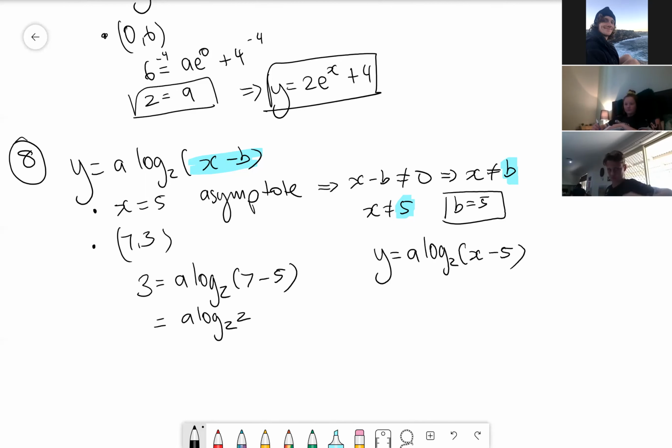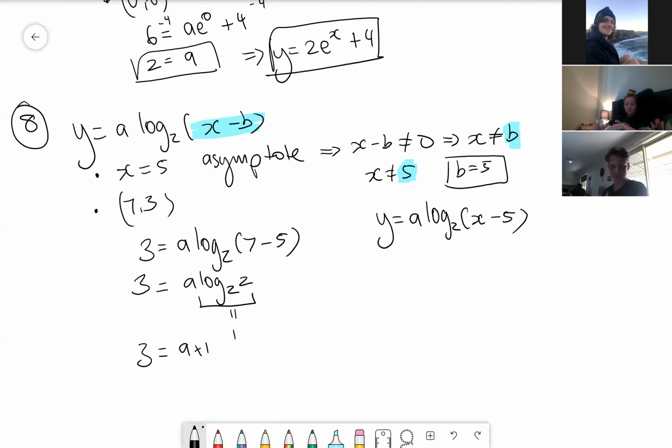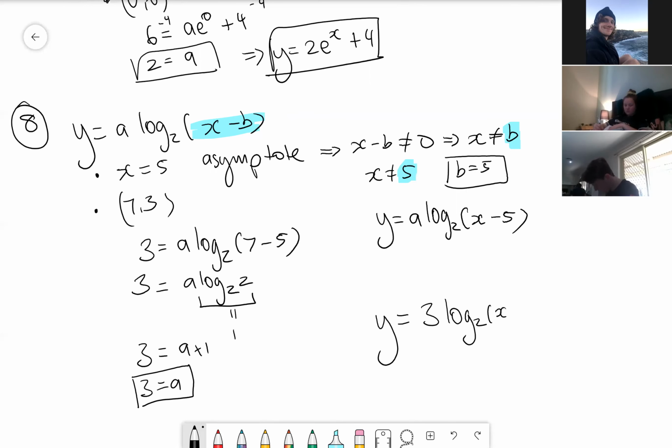And what's that equal to? Log base 2 of 2 is equal to 1. Right. So we've got 3 is equal to a times 1, which means 3 is equal to a. Super. So then down here we can just rewrite our graph. Awesome.